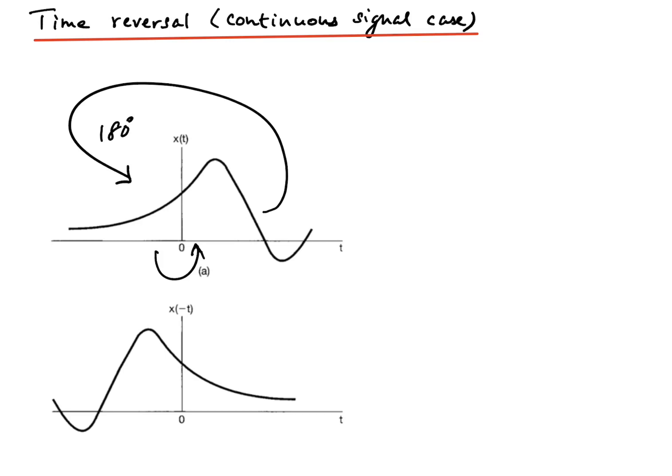To give a more practical example of time reversal, let's say you have a music signal or an audio signal, and you're playing it in the correct direction. You're listening to music by playing it in the correct direction, and time reversal is basically playing the music in the reverse direction and listening to it backwards.